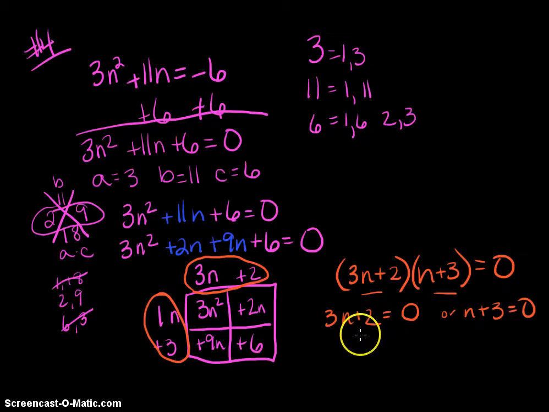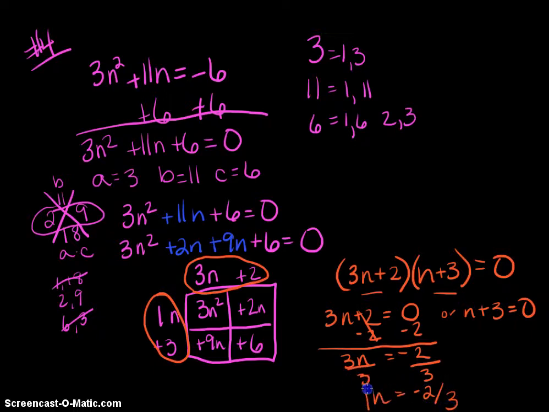So let's solve this equation here, and we subtract 2, and we have negative 2 over here equals 0, 3n, and you divide both sides by 3. We're getting close to the bottom. n is equal to negative 2 over 3.